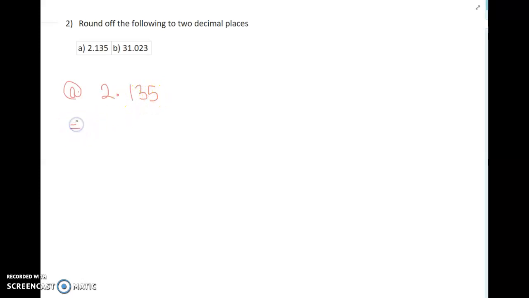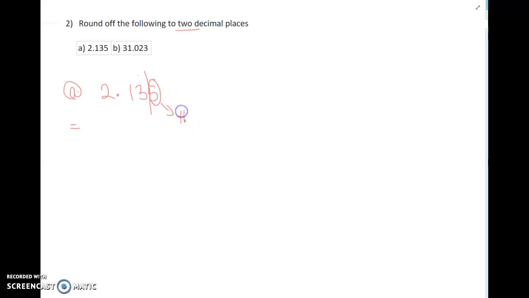Alright, so first, since it's 2 decimal places, we need to identify our second decimal place. So 1 is your first, 3 is your second, so draw your line. And we're looking at the number right after the line. So this is 5, right?